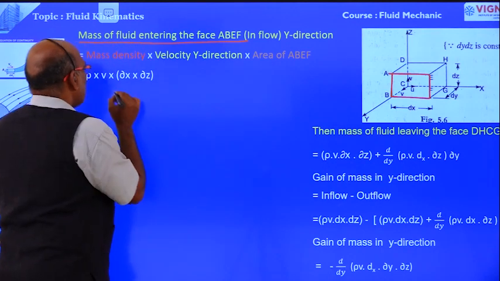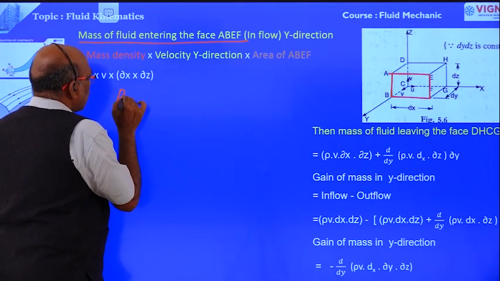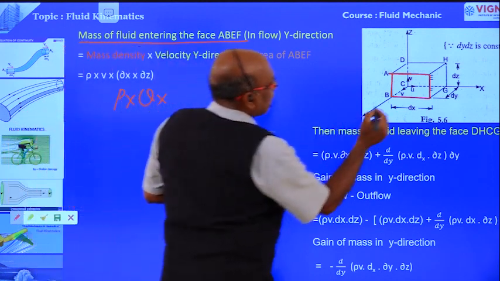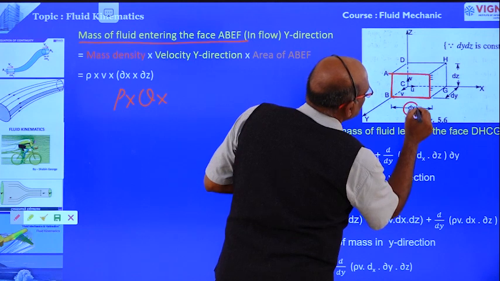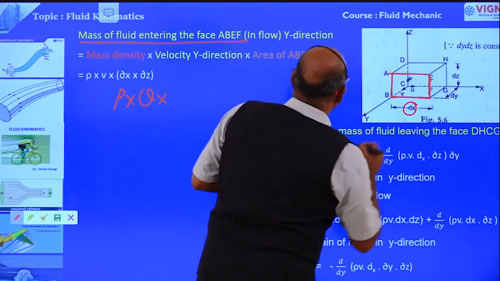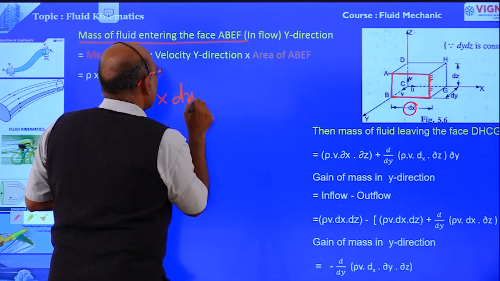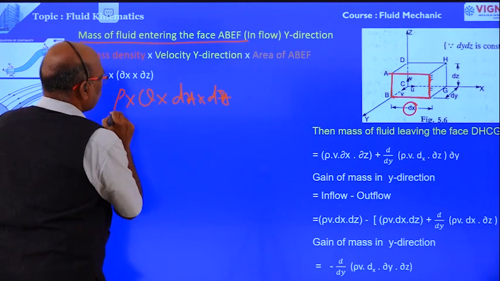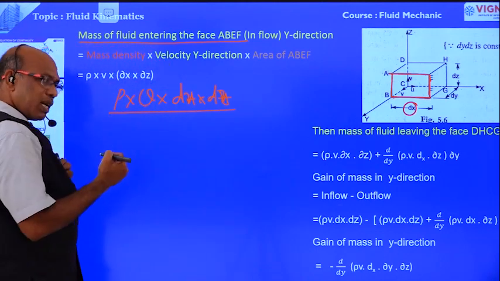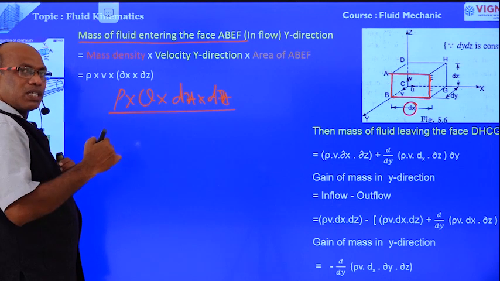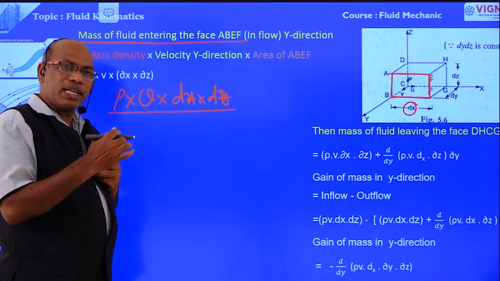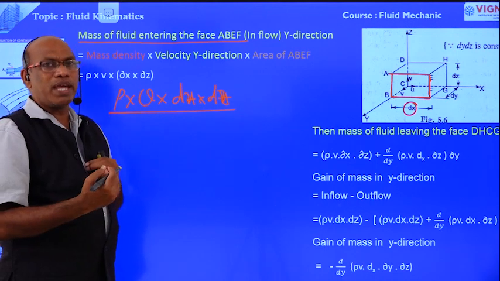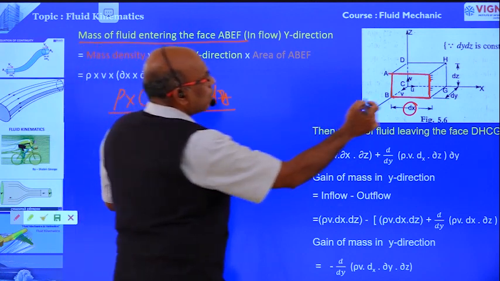So therefore mass of fluid entering in y direction is equal to mass density in the y direction, velocity is v, into what is the face? Dx into dz, the area. So rho v dx dz is the mass of fluid entering in y direction. Similarly, mass of fluid leaving in y direction is equal to mass of fluid entering in y direction plus differentiation of mass of fluid entering in y direction with respect to dy into distance traveled dy.